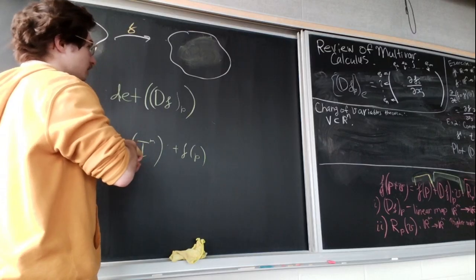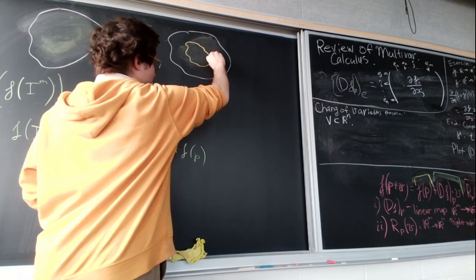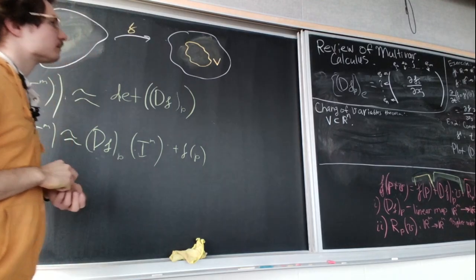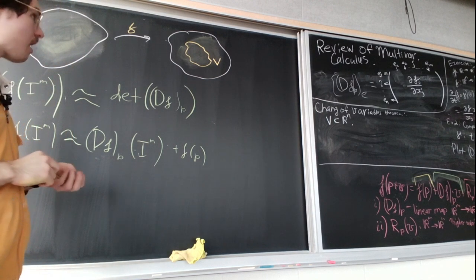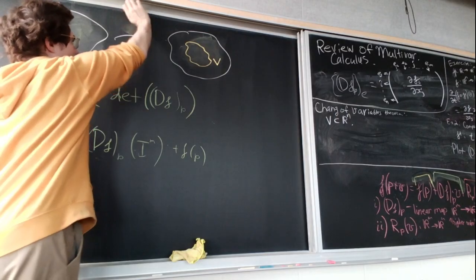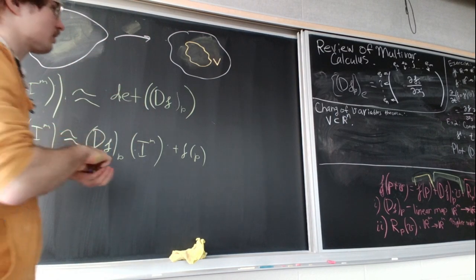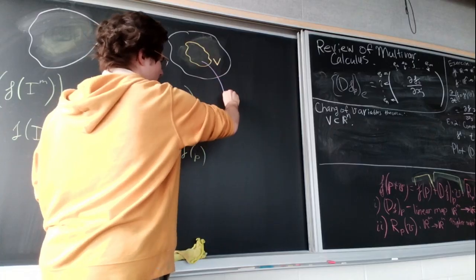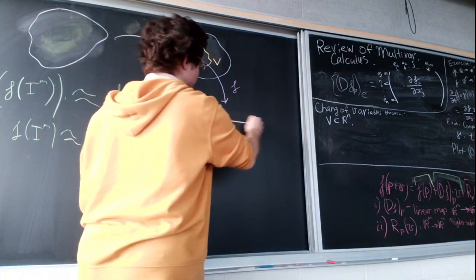Suppose I have some set V in here. We're going to relabel everything. And suppose I had some function f coming out of V into the real line. So this was just some function.